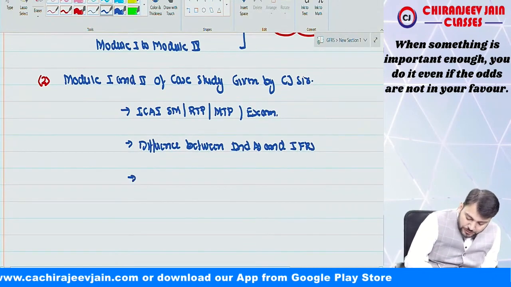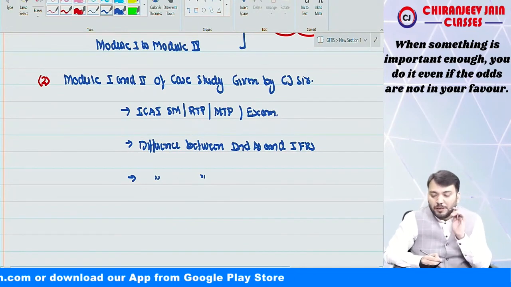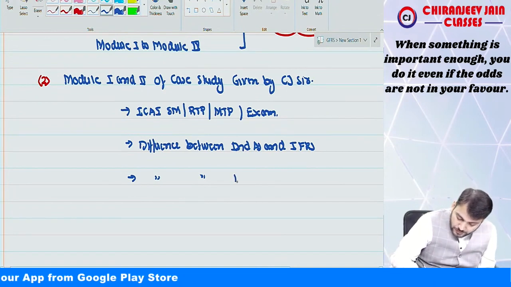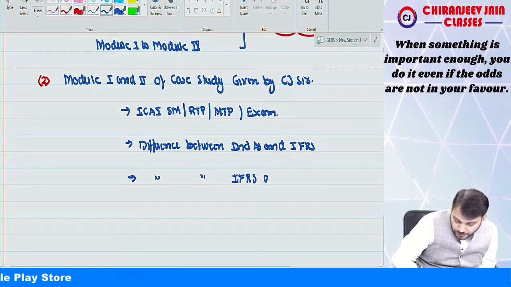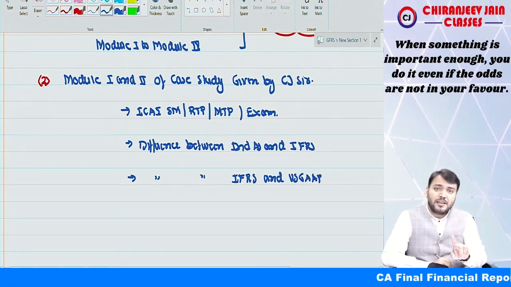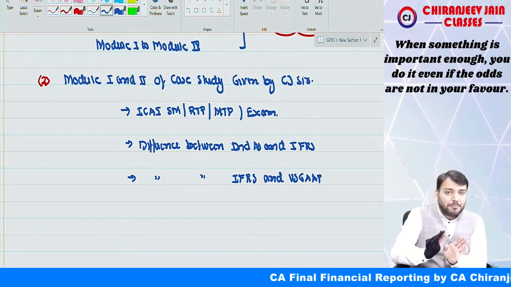It will also include the difference between IFRS and US GAAP. Correct? The interpretations will be given to you soon as a PDF.